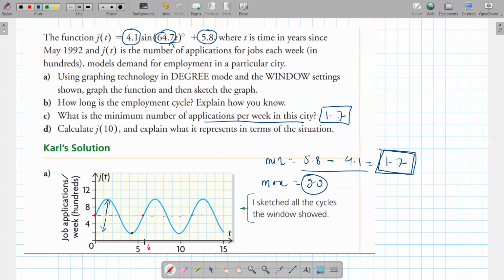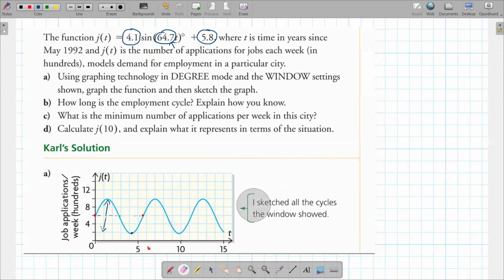Part D. Calculate J of 10 and explain what it means. So you can either plug that T as 10 on a calculator, or you can graphically try and see what the approximate Y value is.